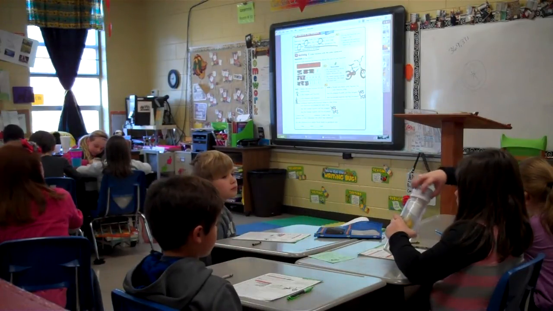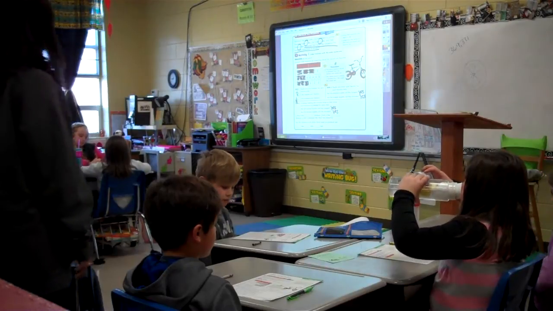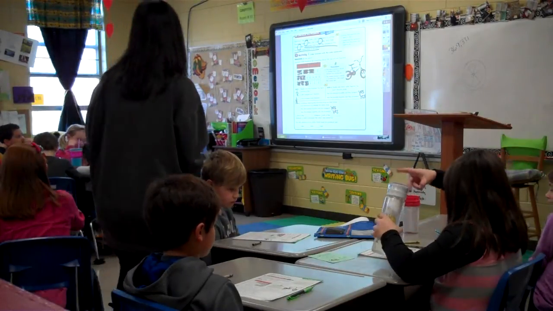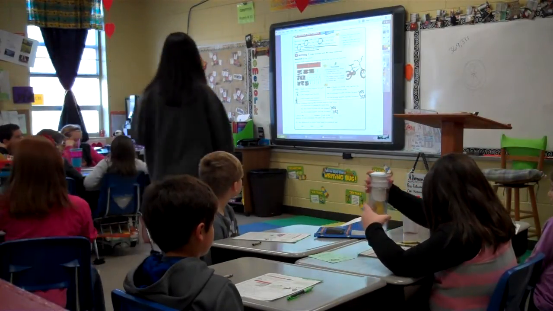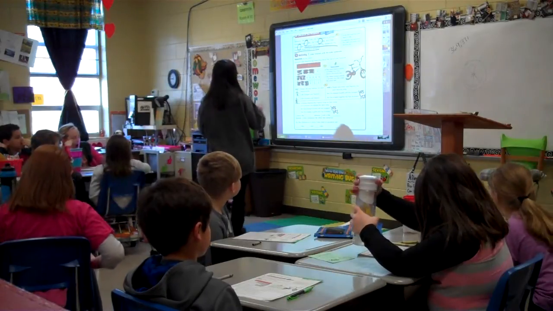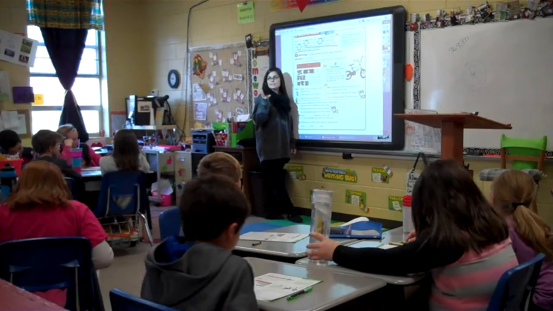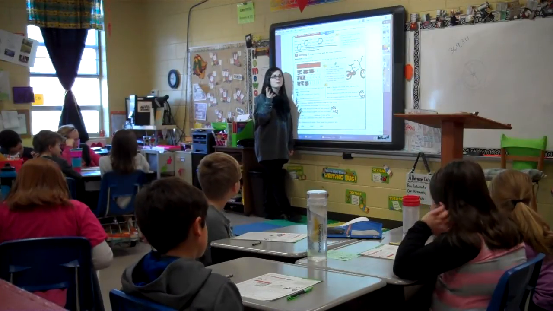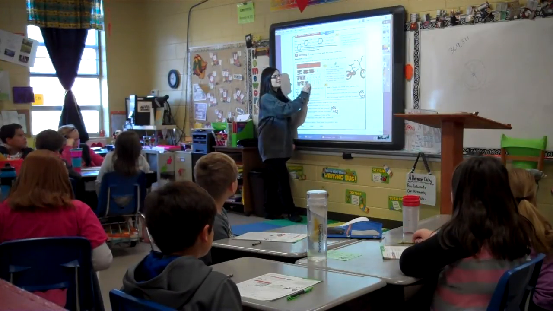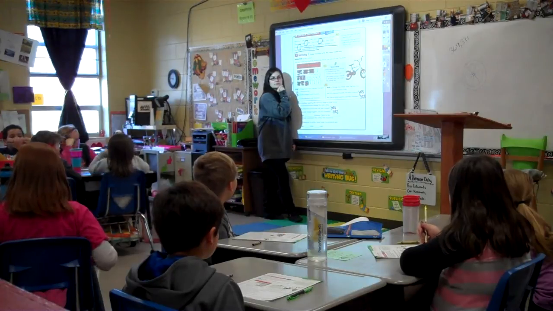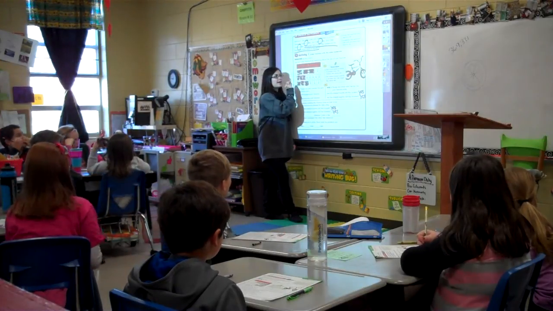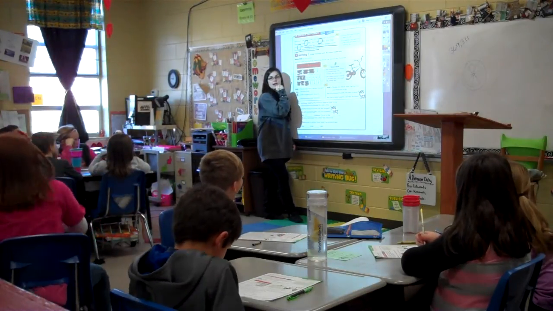Now, at the bottom it says 3/4 of a mile is the blank distance. Alright, let's look up here. The more pieces a whole is divided into, the smaller the piece, and the fewer pieces a whole is divided into, the bigger the piece. So which one of these is the longest? 1/4, and which one of the shaded ones is the longest?